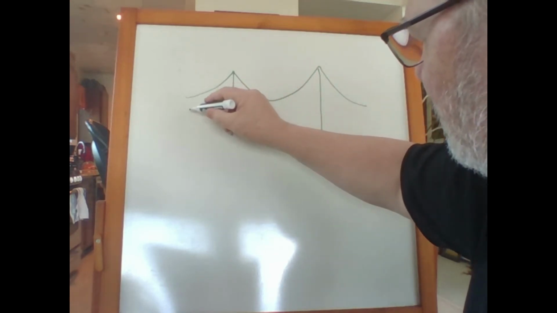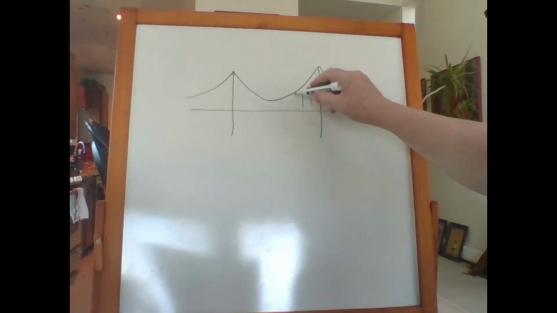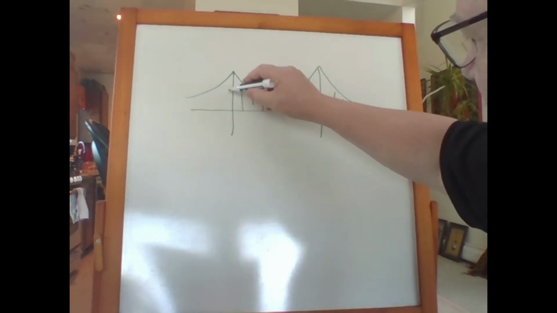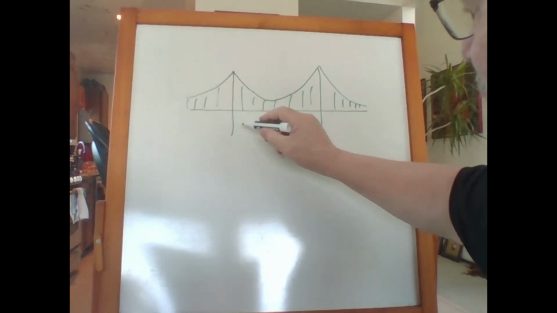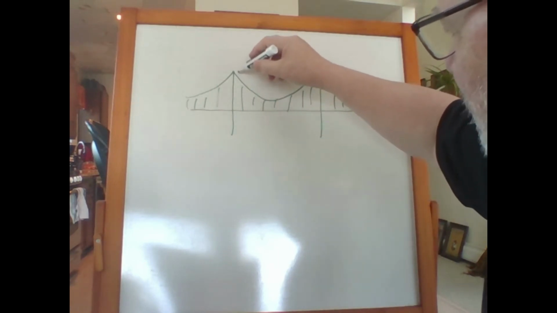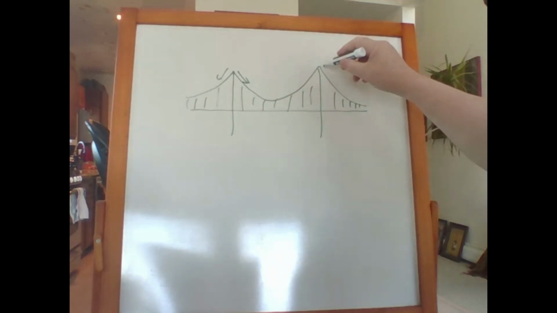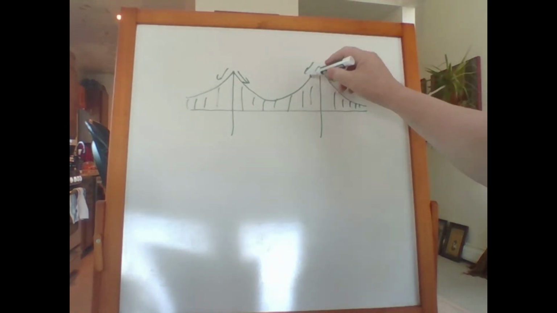Let's say this bridge is a suspension bridge, and these are the towers that support it. You've got a force in this direction, force in this direction, and force in this direction.